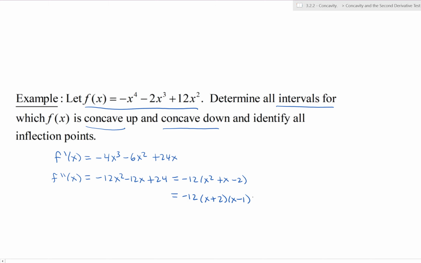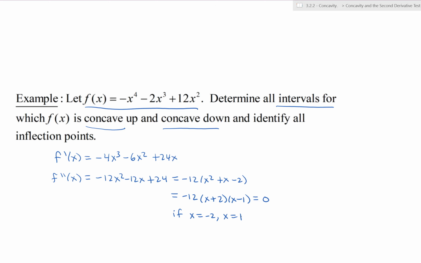And so notice that this second derivative is never undefined. However, it is equal to 0 if x is equal to negative 2 or if x is equal to 1. And so just like we did when we looked at the sign analysis for the first derivative, trying to determine where a function was increasing or decreasing and where these local extrema might be, we play a similar game here for concavity.